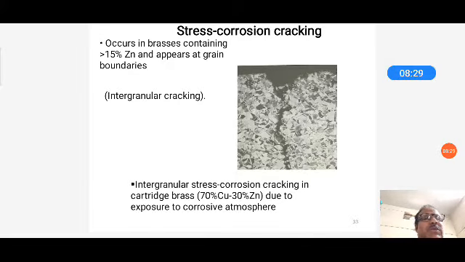This shows how stress corrosion cracking takes place along the brass material.